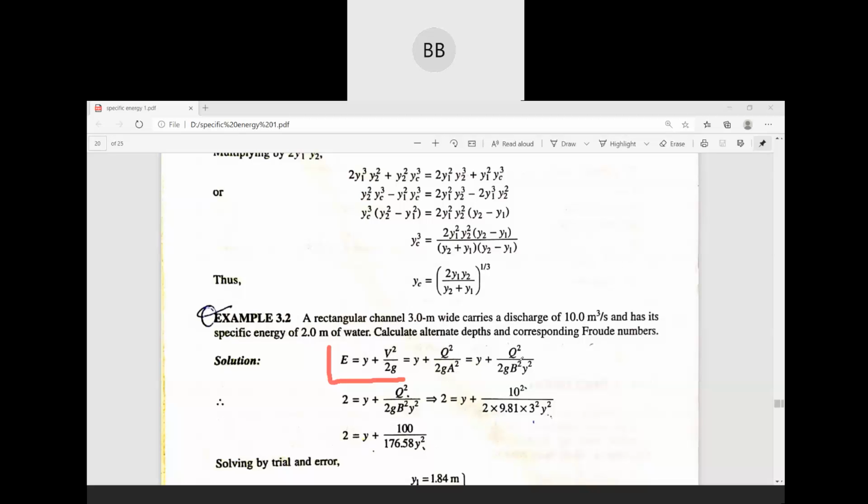Then that area you replace by b into y, so because area square is there, b square multiplied by y square, as it is a rectangular channel, which is given in the question.